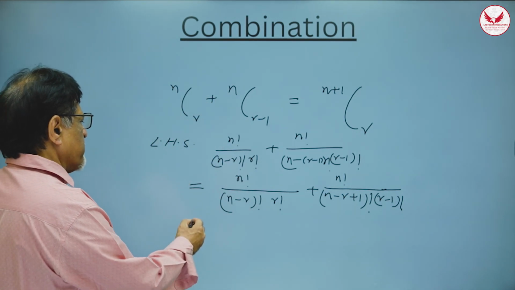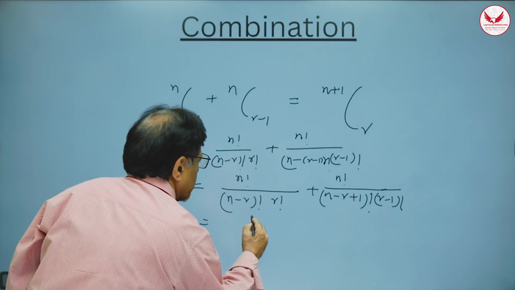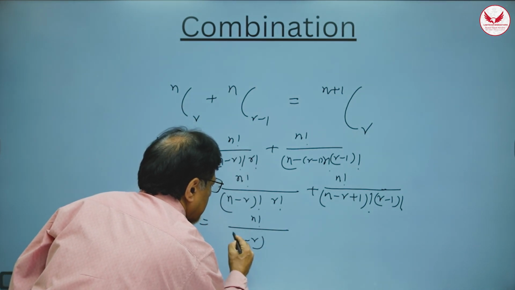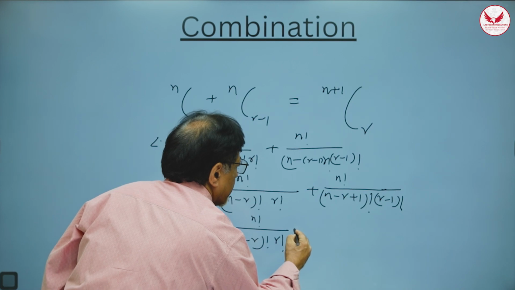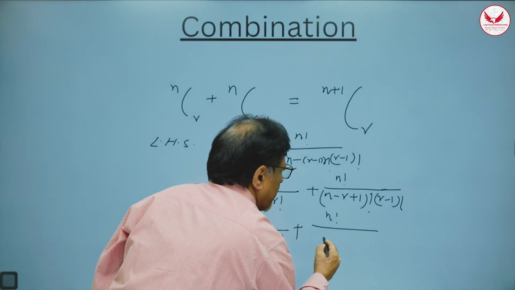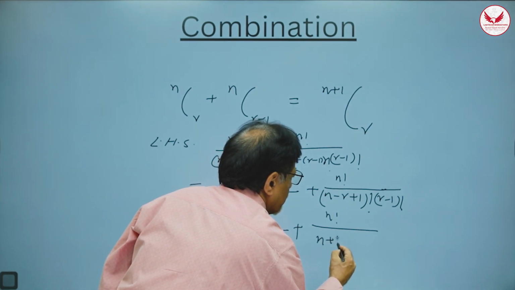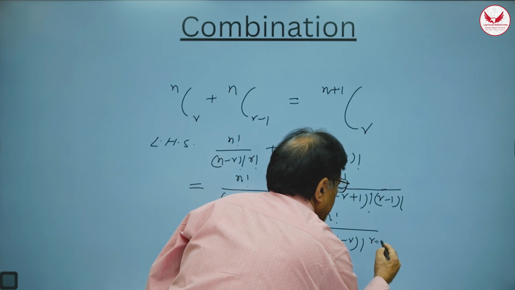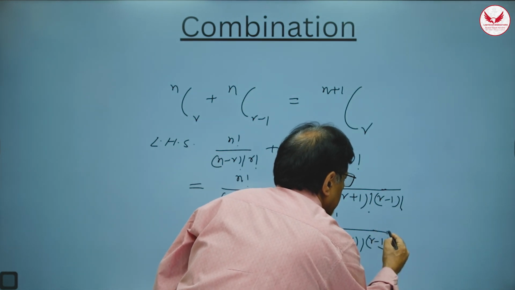Now, this is n factorial divided by (n minus r) factorial into r factorial plus n factorial divided by (n plus 1 minus r) factorial multiplied by (r minus 1) factorial.